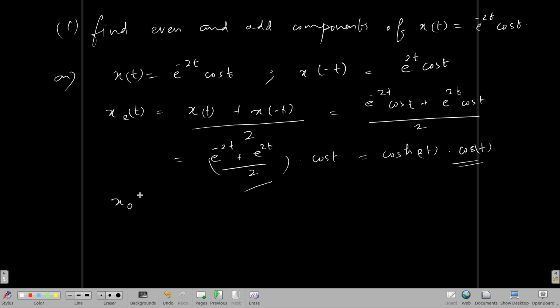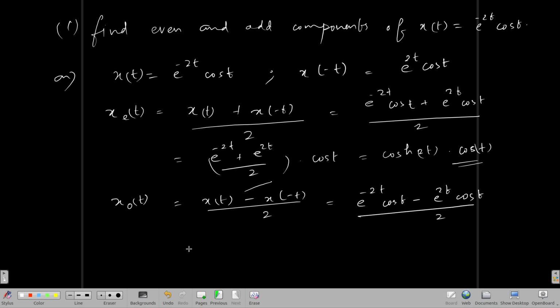Now what about the odd part? Odd part, x o of t is equal to x of t minus x of minus t, the whole thing divided by 2, which is equal to e to the power of minus 2t cos t minus e to the power of 2t cos t divided by 2, which again when properly rearranged we will get e to the power of 2t minus e to the power of minus 2t by 2 into minus cos t.